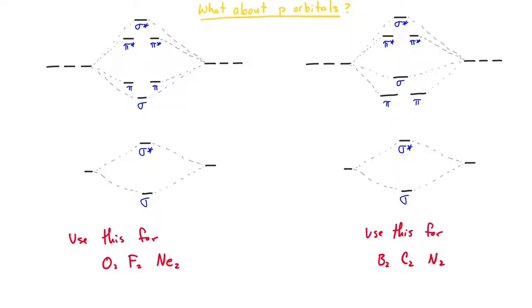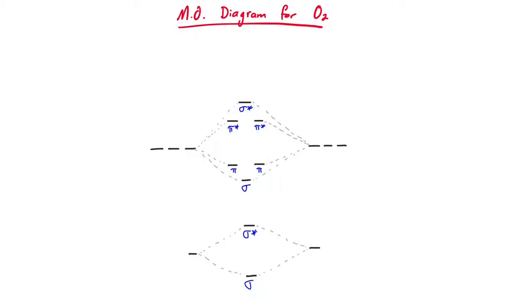So if we were doing O2, for example, like we will in the next slide, we are going to use this diagram here. If we were doing carbon, nitrogen, boron, Be, this diagram on the right. So for oxygen, each one is going to be a 1s2, 2s2, 2p4 electron configuration.